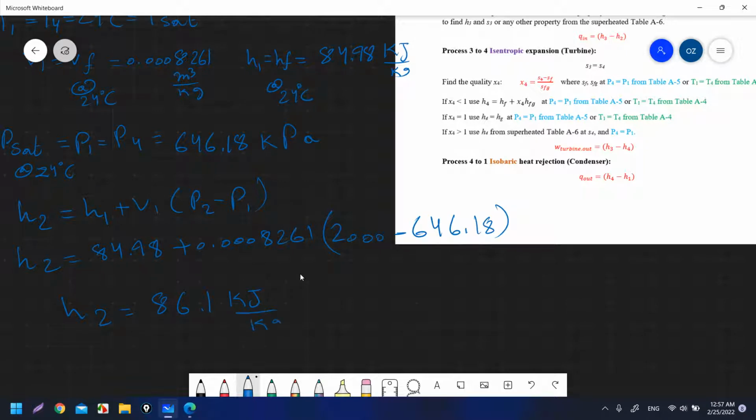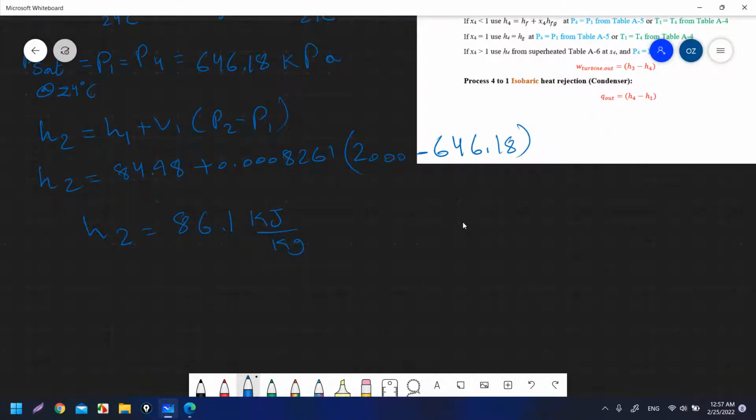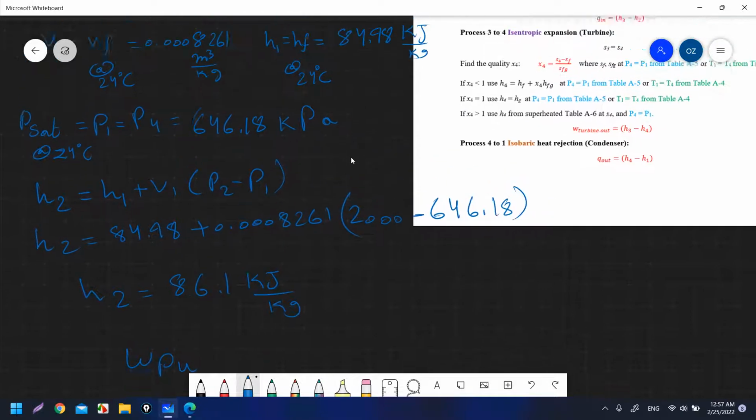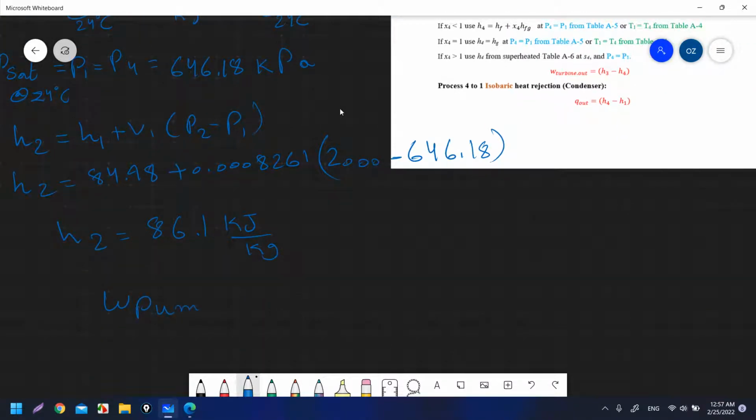And as you can see, there is a small difference between H1 and H2. That means that the work pump in is very small, and that's good for us. It's a work consuming device. So if you want to find the work pump in, because we needed to calculate the back work ratio, the work pump in is only this term, which is equal to V1 times P2 minus P1.